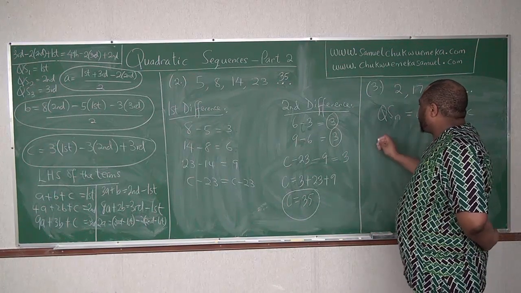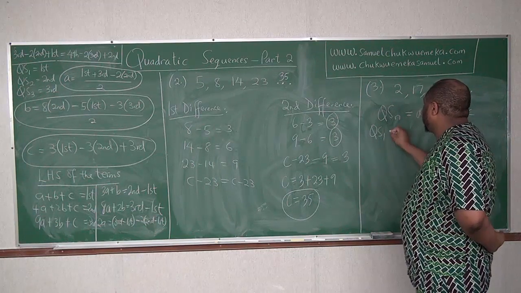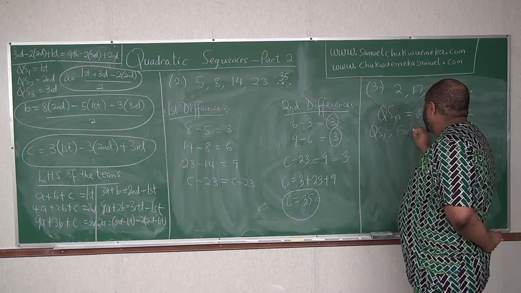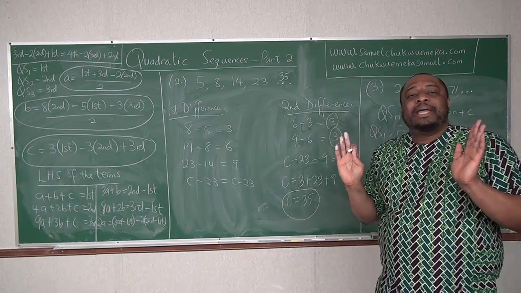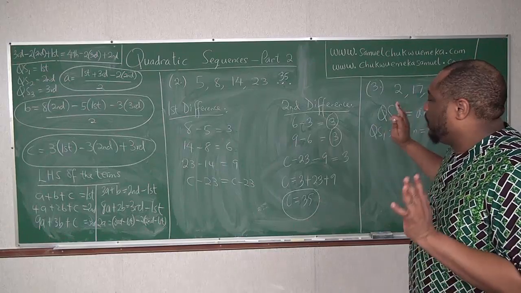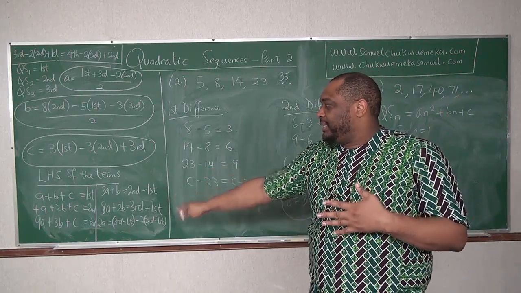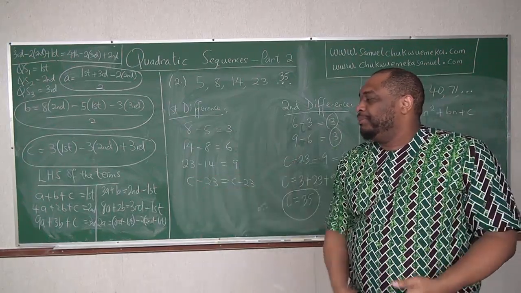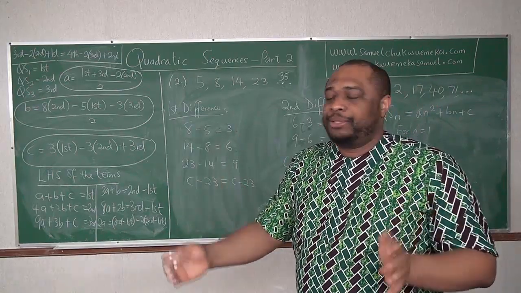So, for the first term, QS1, which is the first term, this means n equal to 1. We did this in part 1. We said it is better we just write this out, and it's easier to make this video within a reasonable time.